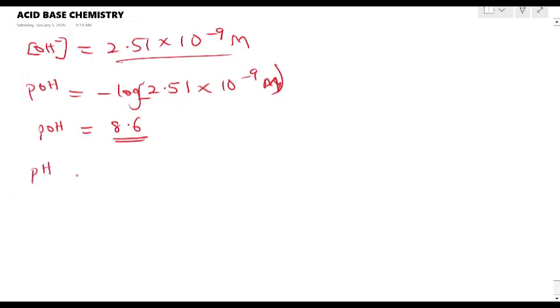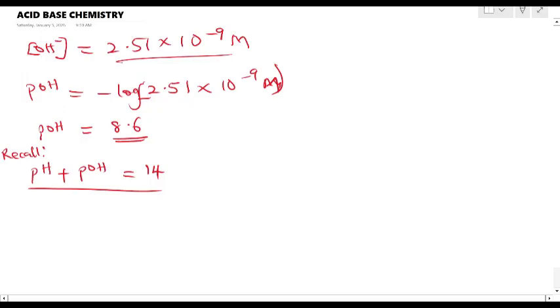Now, we gave another expression earlier of how we can represent this, and we said it can also be represented as pH plus pOH. So I'll just write recall here: pH plus pOH is equal to 14. Just using this representation, you can also get the pOH, because pH is given as 5.4 plus pOH is equal to 14.